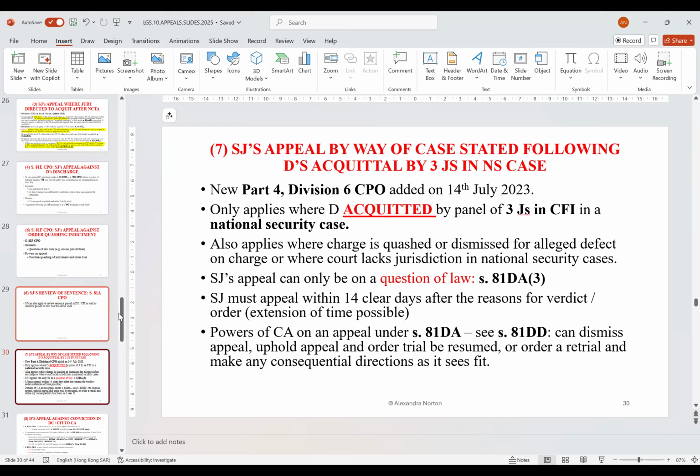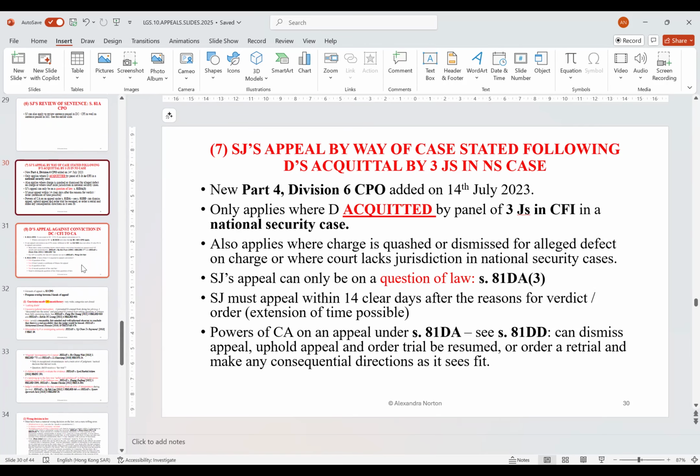And I think there's a number of reasons for that. Firstly, they want to preserve this right to appeal an acquittal. But secondly, also because we're dealing with new complex areas of the law that are politically sensitive, deal with state secrets, matters of national security, the best people to make those decisions would be this specially selected panel of 3 judges.